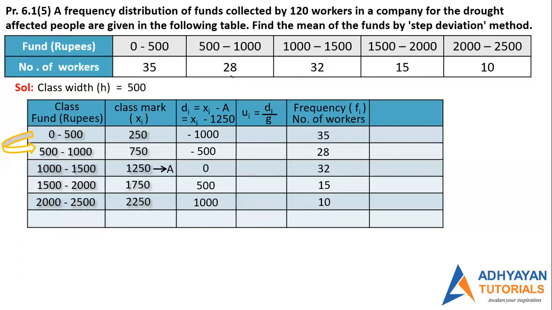I repeat, G stands for the GCD of all the di, but I will make it very simple for you students. For us, G is our h, always. So whatever h is going to be our G.